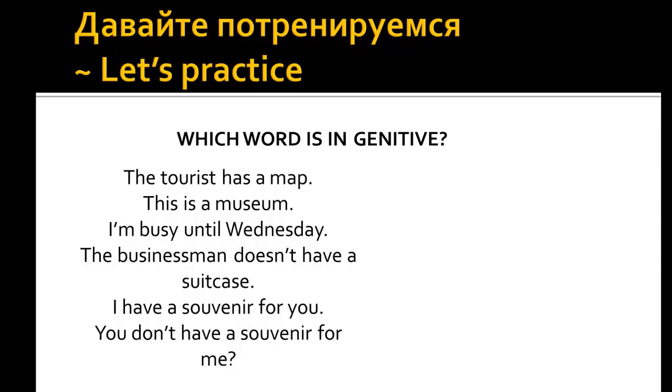In this sentence, 3 words will be in the genitive case: you, a souvenir, and me. You will be in the genitive case because you are the one who doesn't have something. A souvenir will be in the genitive case because it's missing, we don't have it. And me is going to be in the genitive because it follows the preposition for.